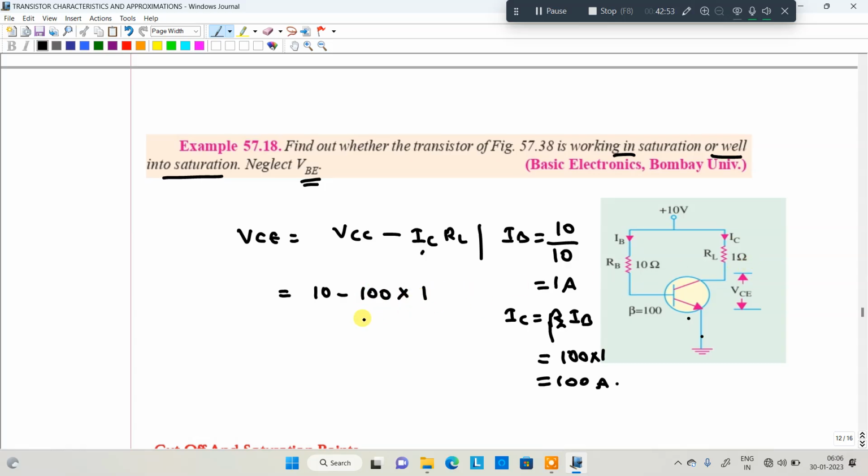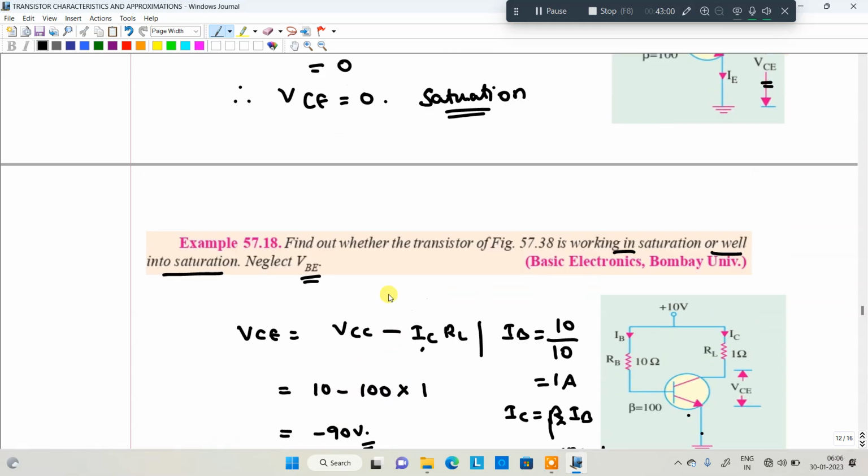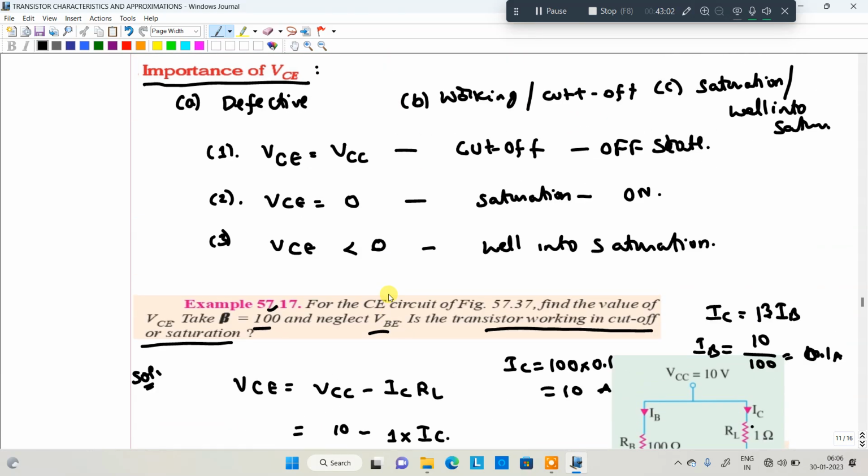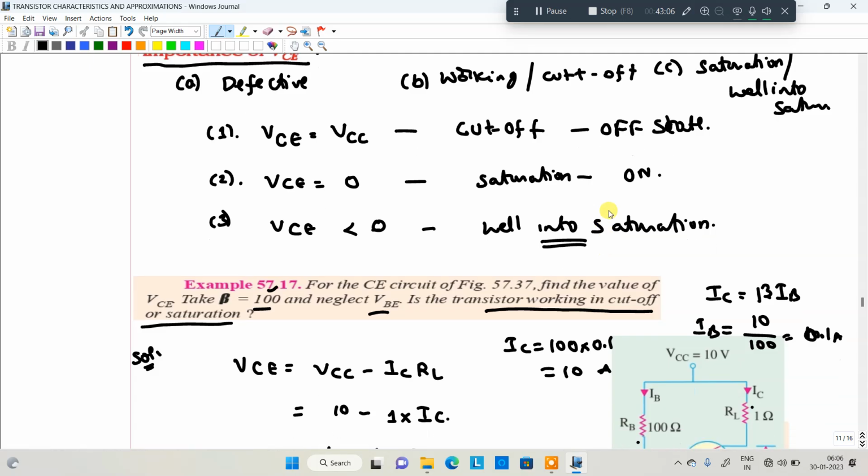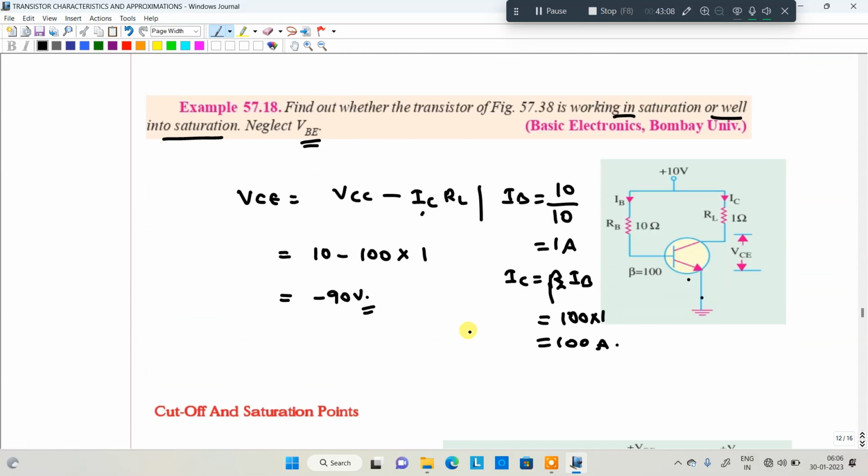That means it is minus 90 volt. Whenever minus is taking place, I gave the 3 statements: whenever it is less than 0, a minus value, it is well into saturation. So in this case, the transistor is well into saturation. Okay? This is about the problem.